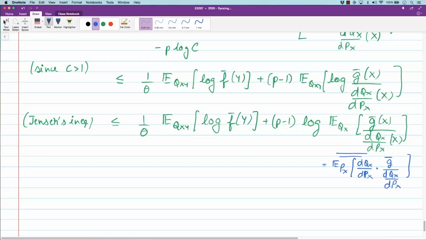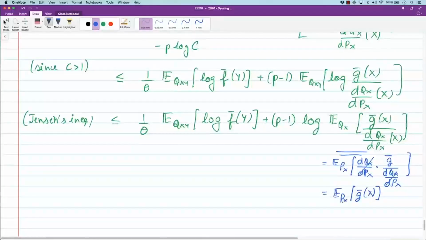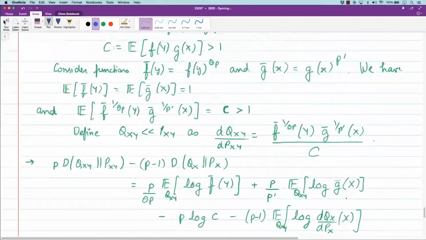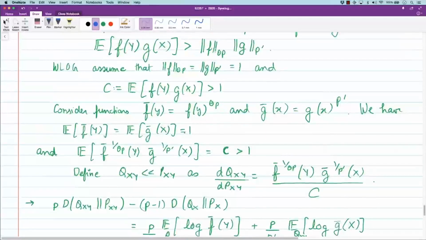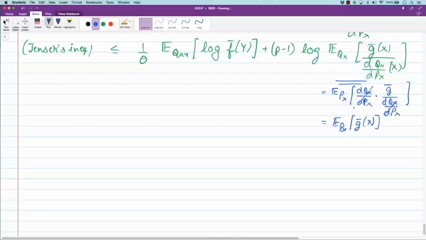Okay, this you can do where d qx by d px is positive almost surely, so this cancels. So this is only the expected value over px of g bar x. And what do we know about that? Well, the way we have normalized f bar, this is 1. So this thing is 1, and therefore this is log of 1, which is 0.